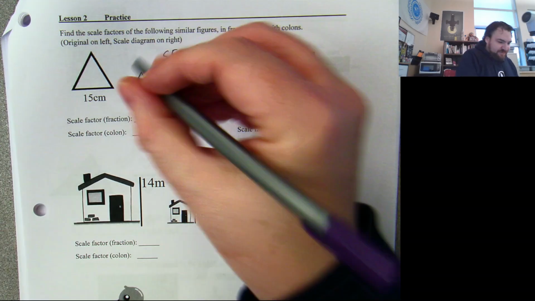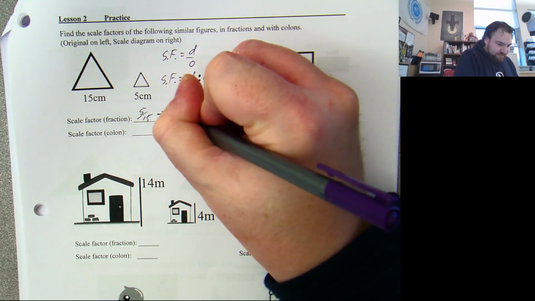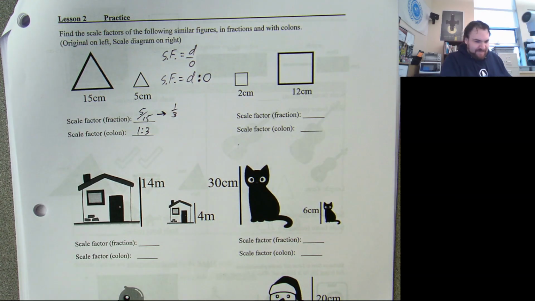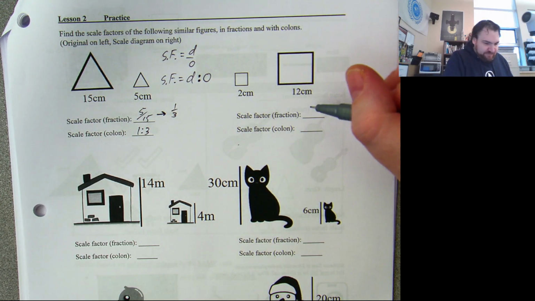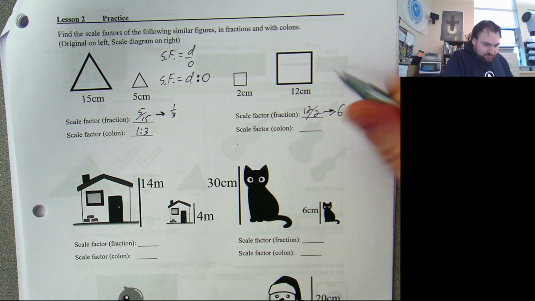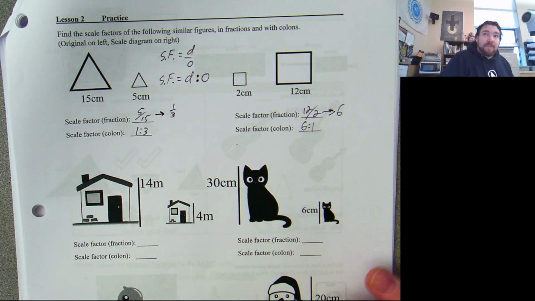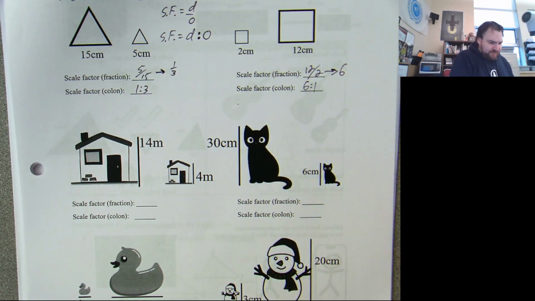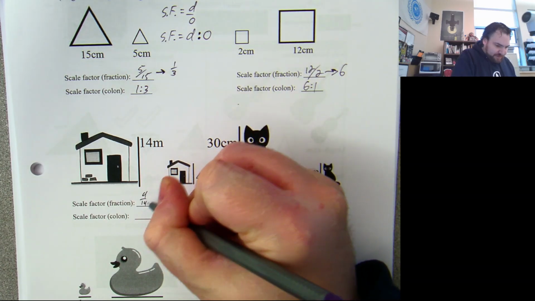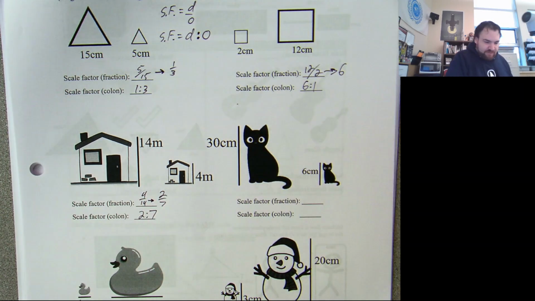Okay. 5 over 15. So we're going to get kilograms. So it's 2 over 7, makes it 2 to 7.